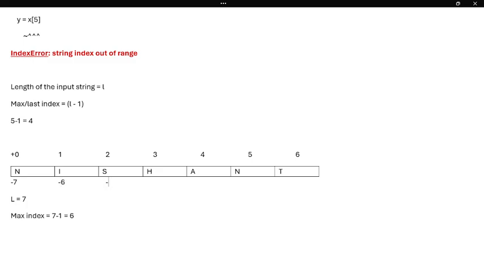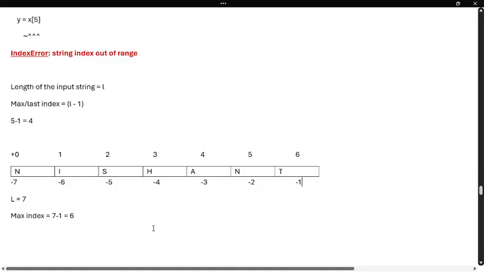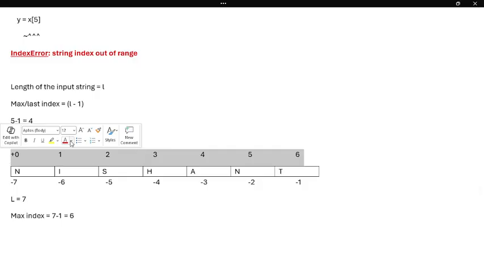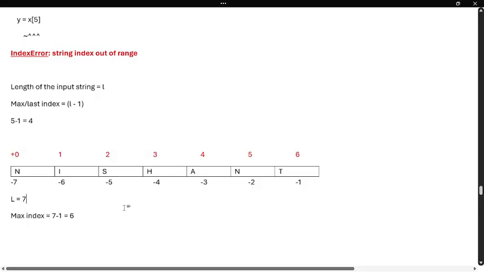Let me write first, and then we are going to explain this. -2 and then -1. When you are going to go with the plus sign, it is going to start from 0.